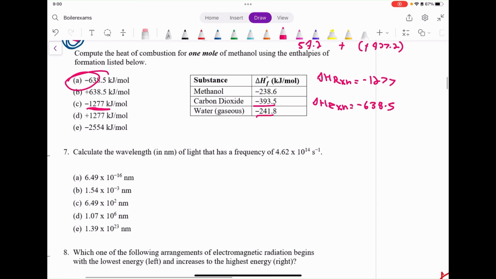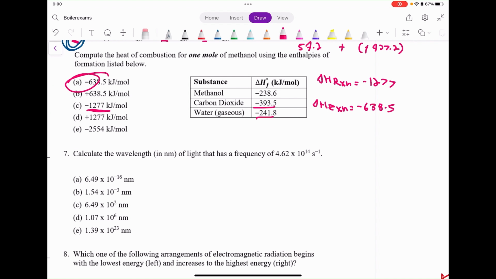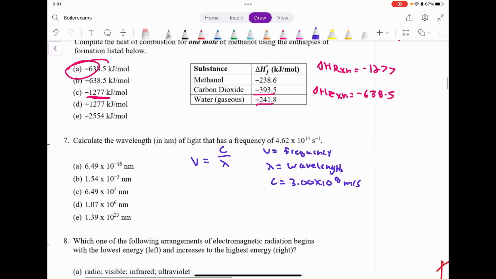Seven, calculate the wavelength in nanometers of light that has a frequency of that. So we know, let's see, we're looking for wavelength and they give us frequency. We know wavelength and frequency are related through this relationship where nu is the frequency, lambda is the wavelength, and c is the speed of light, which is a constant, which is approximately this.